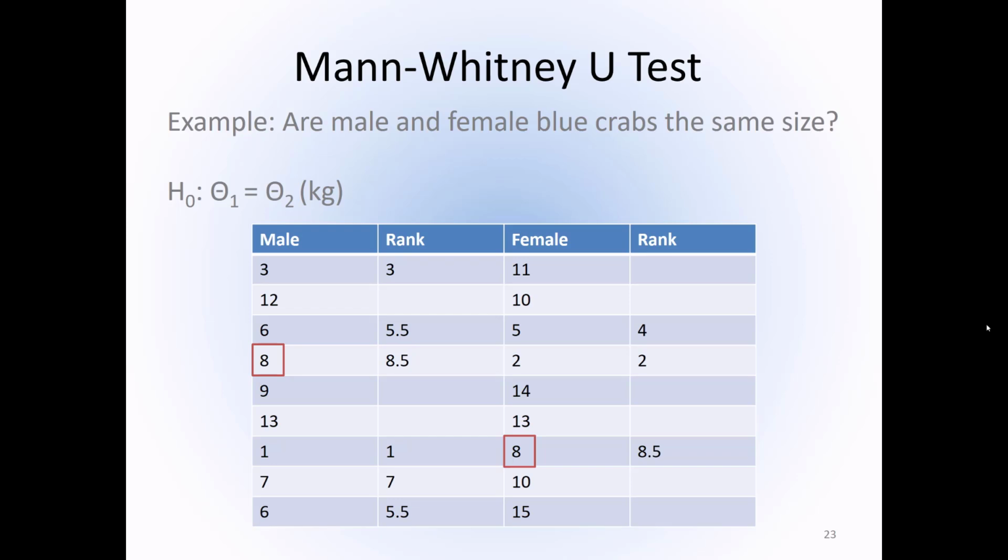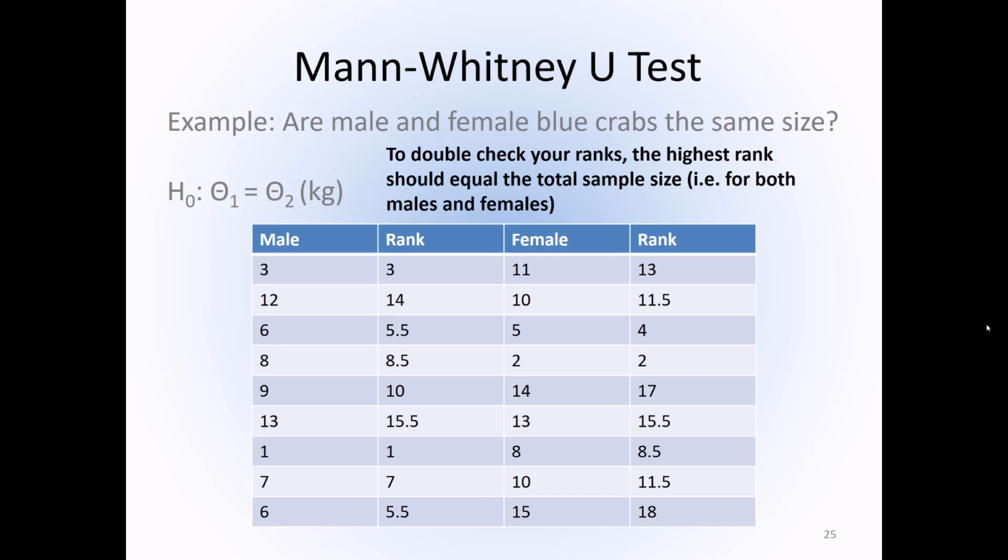So we have this one example here that you can work on and practice with. You can pause the video, go to the PowerPoint slides and practice ranking the data, but you'll want to get comfortable doing this. One of the things that you can do to make sure that you've ranked all your data appropriately is find the value of the highest rank, and this should equal the total number of data points that we have.